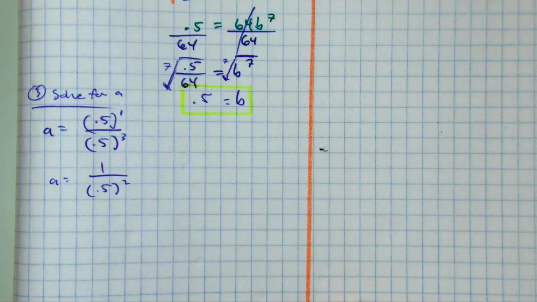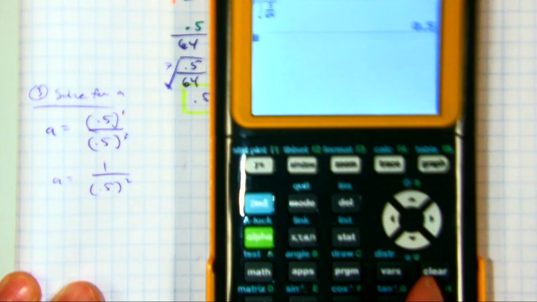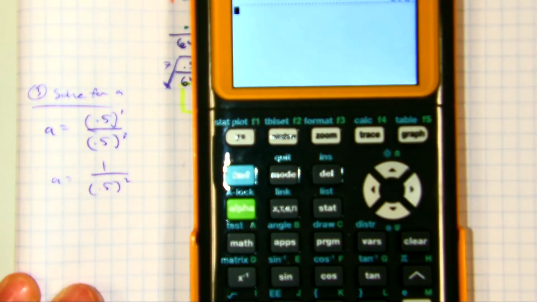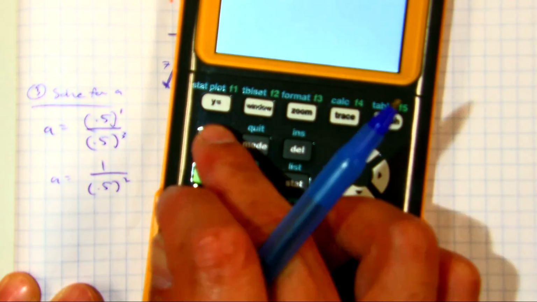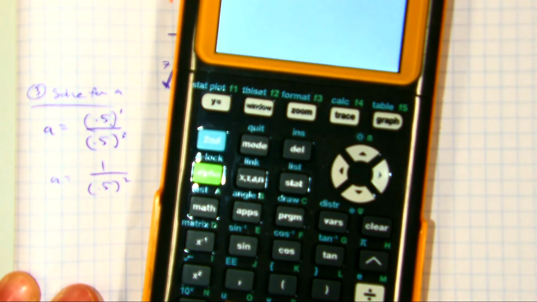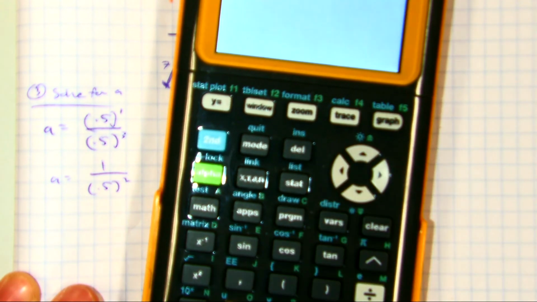You have one of these, 3 down here, you're canceling 1 on each side. Or you can think of that as also 1/2 squared. Put in your calculator. Alpha y equals, numerator denominator, 1 divided by 0.5 to the second power. And you get A equals 4.